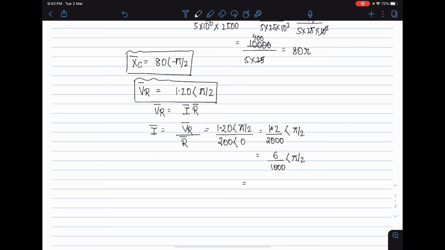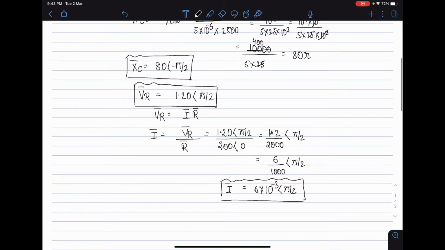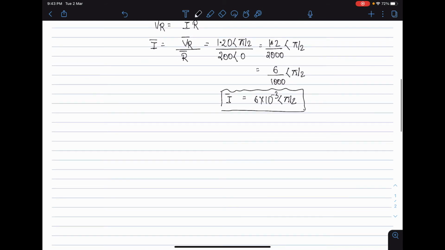So this becomes 6 into 10 to the power minus 3 angle pi by 2. So this is I phasor. ये आपका I phasor हो गया, राइट? ये I phasor की वैल्यू हो गई, राइट? अगर आप इसे लिखना चाहते हो in the form of equation, so this I current as a function of time, expression for current we can write as maximum value is 6 into 10 to the power minus 3, and this phase is pi by 2, right?